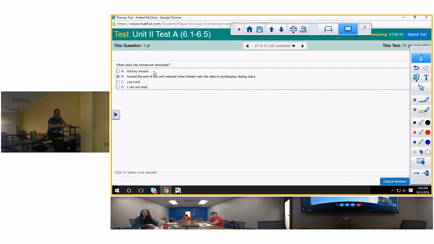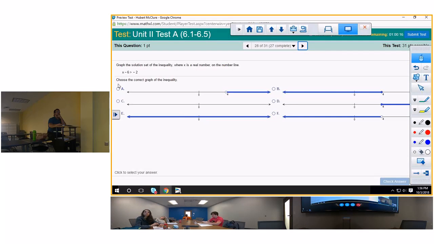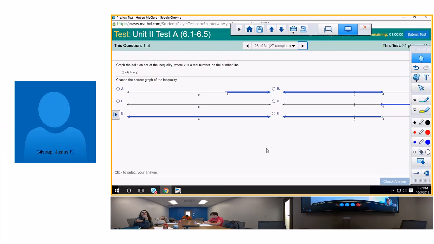Toward the end of the class or toward the end of the unit. What is x greater than 2? Where is x greater than 2? I'm sorry. Negative 2 plus 6 is 4. Well, you know it's not what?